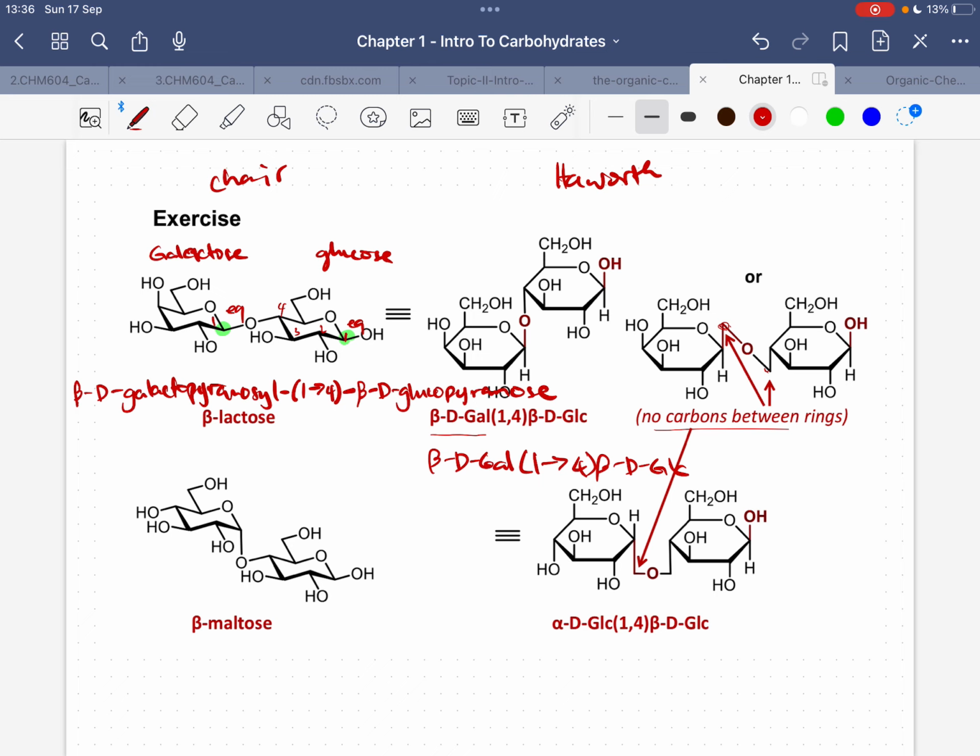Okay. So maltose, by the way, this is incorrect. This should be alpha maltose. No, sorry, that's actually correct because the reducing end is in a beta position. So equatorial, this is axial, these are the anomeric carbons. So you have here the non-reducing sugar unit, and this is the reducing sugar unit.